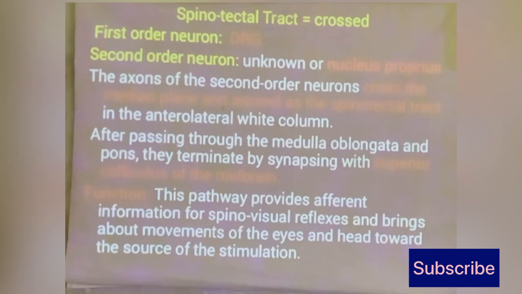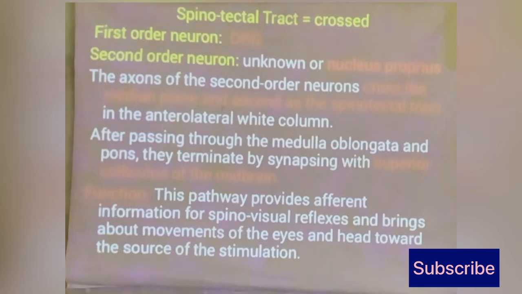So nobody can tell you whether they pass through the substantia gelatinosa, or the nucleus proprius, or the Clark's nucleus, or the visceral nucleus. Are you clear? That is why this spinotectal tract's second order neuron is unknown.